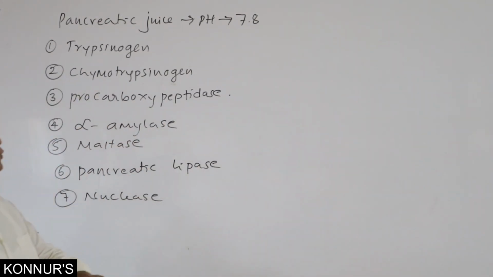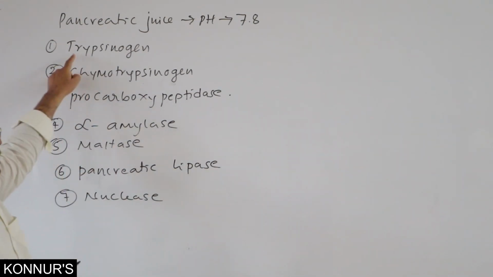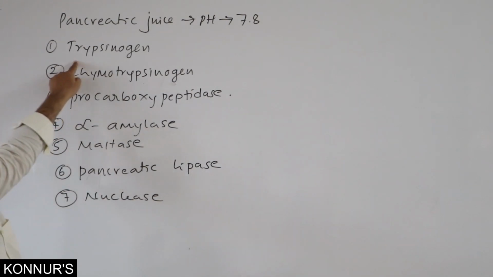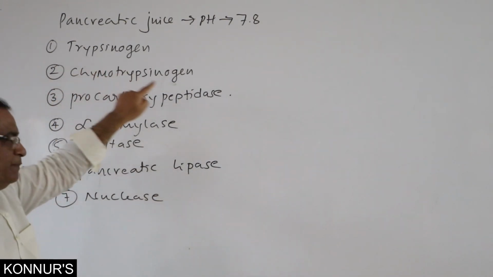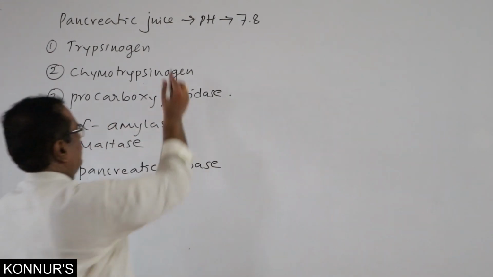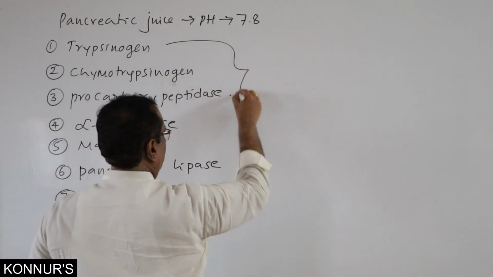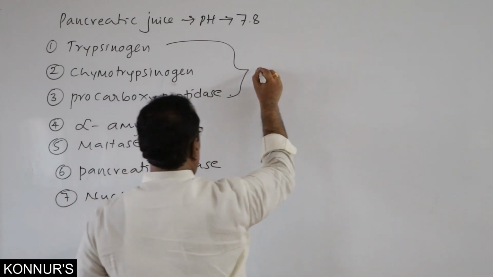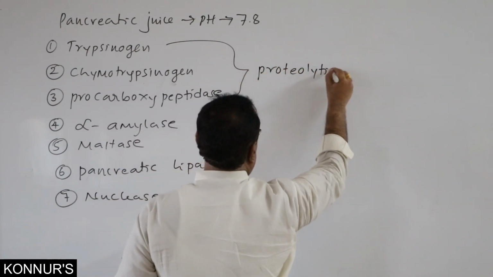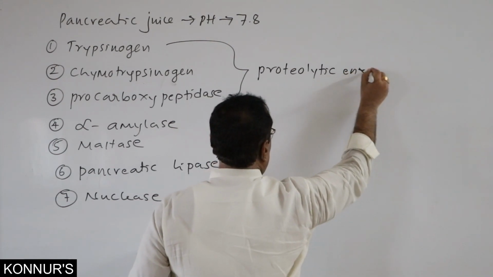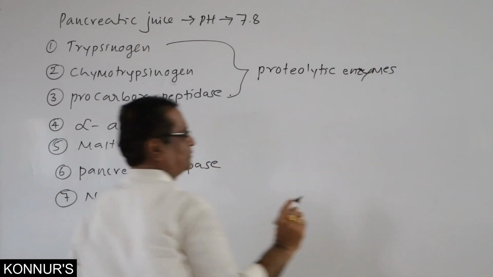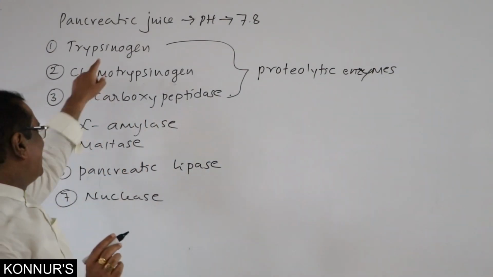That pancreatic juice is having inactive enzymes. These three are inactive enzymes: trypsinogen, chymotrypsinogen and procarboxypeptidase. All of them are proteolytic enzymes, acting upon protein, but they are inactive.